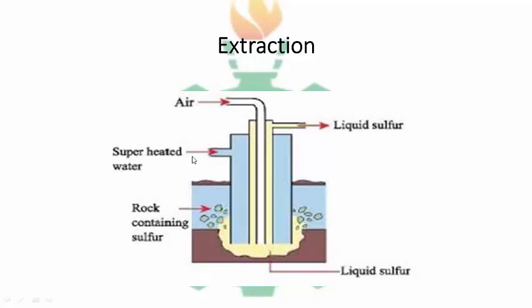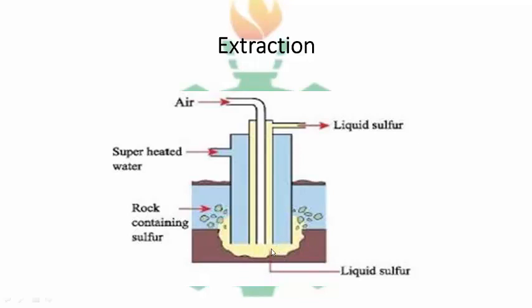The superheated water of 160 degrees Celsius and a pressure of 18 atmospheres is passed into this first outer tube, which then dissolves the solid sulfur, forming a liquid form of sulfur.